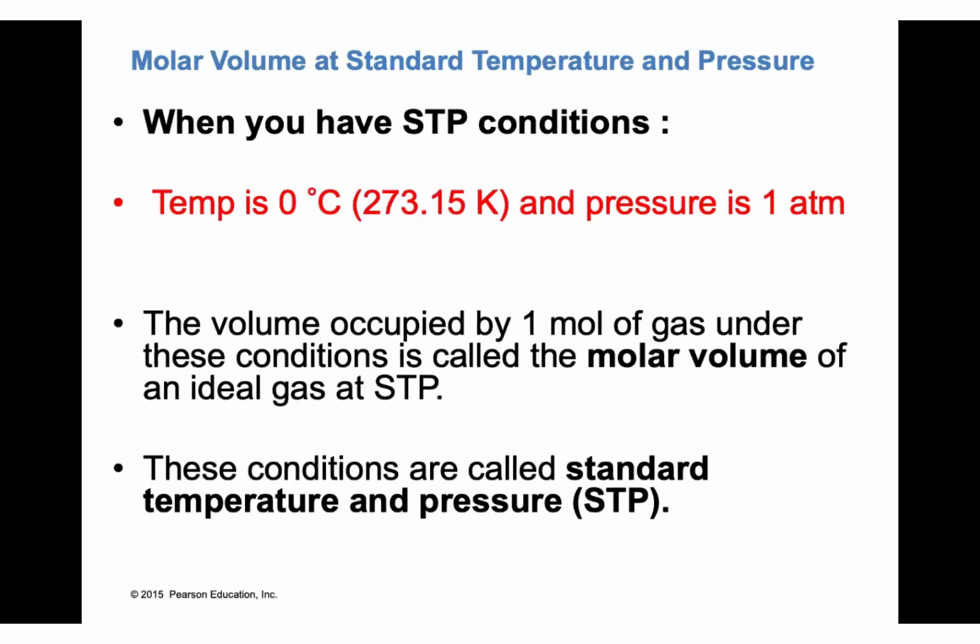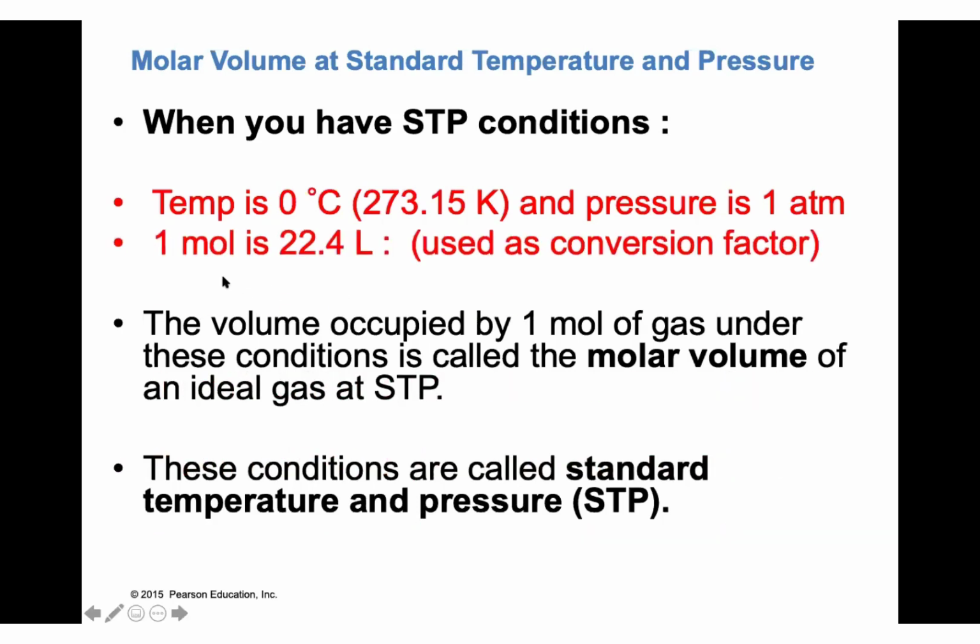The other thing that you should always write down, even if you don't need it, because you might forget it: 1 mole of each gas equals 22.4 liters of that gas.